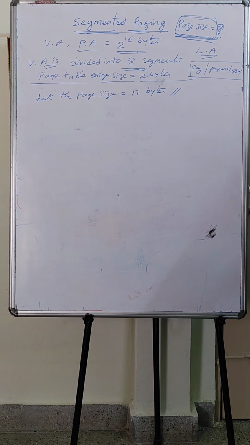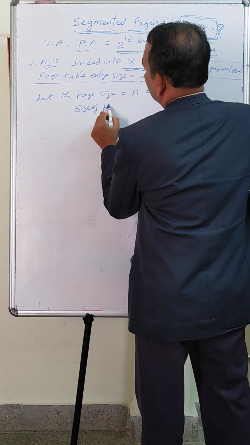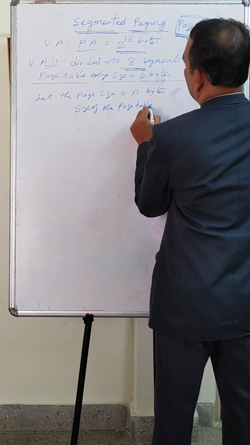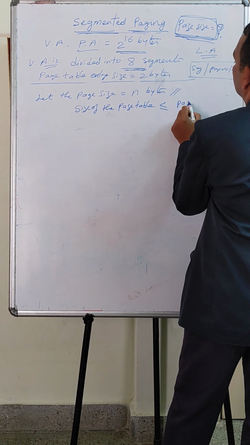Now, the page table has to be stored into a single page. So, we must have the size of the page table less than or equal to the page size.